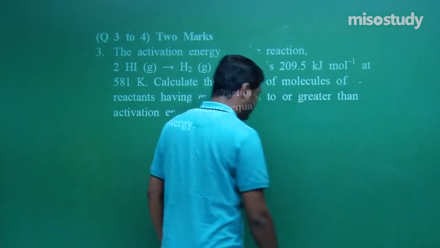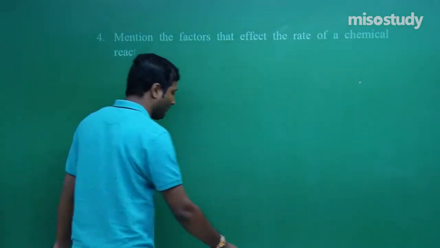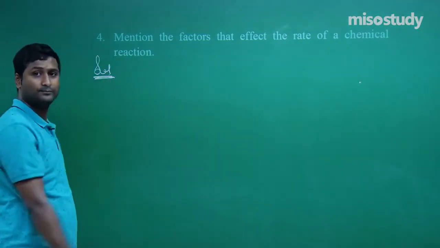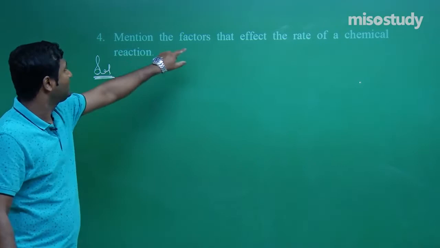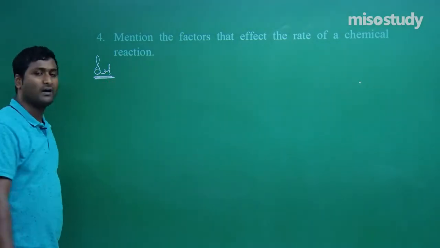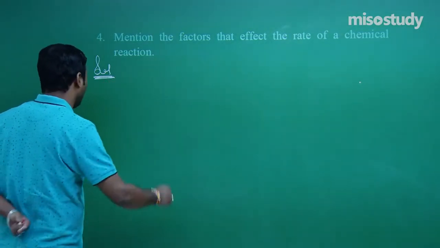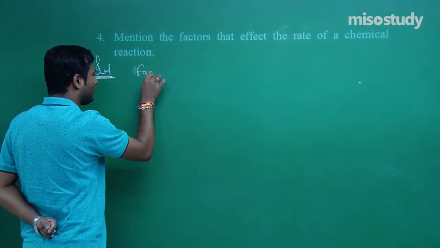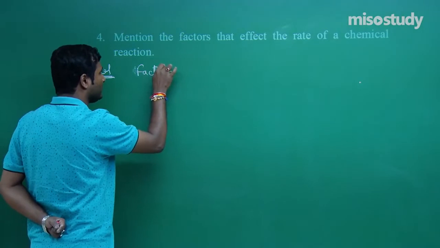Now the next question is question number 4. Read the question, what is given here, completely theory based question, my friend. Mention the factor that affect the rate of a chemical reaction. As we know, the rate of a chemical reaction depends on the following factors.